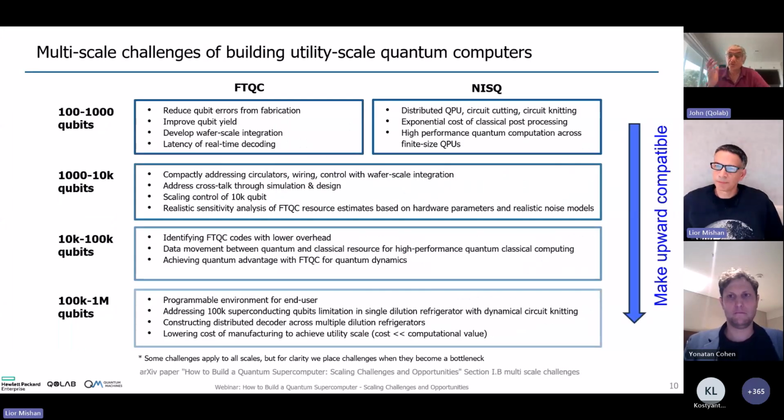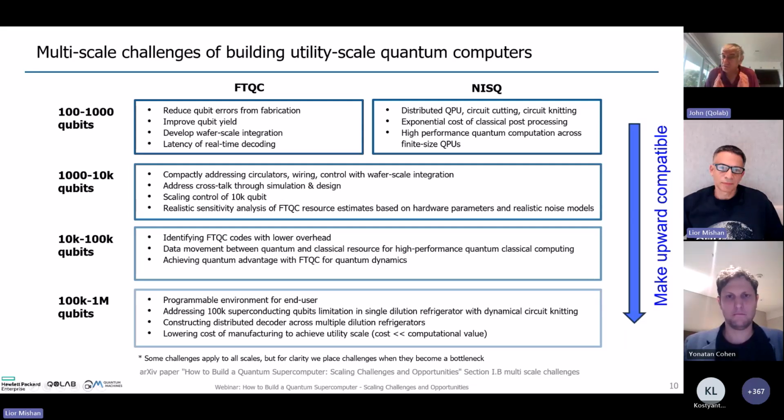Now, in building a quantum computer, a lot of the people are just thinking, well, what do we have to do in the next year or two to do the next paper, to get the next funding round? That's really good. But in our view, we also have to be thinking about long-term, starting at, let's say, 100 qubits or so, and how are you going to build a system up to 100,000 or a million qubits?